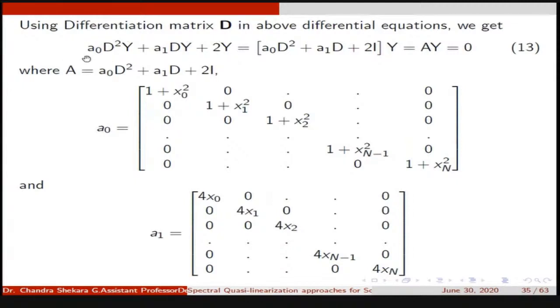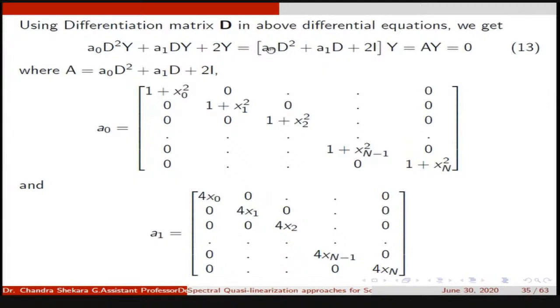Now there is no need of writing all those steps. It is just simple. You can write like this: a0 into D squared y plus a1 into Dy plus a2 times y. Here a0 is the coefficient of y double dash, that is 1 plus x squared. a1 is the coefficient of y dash, that is 4x.